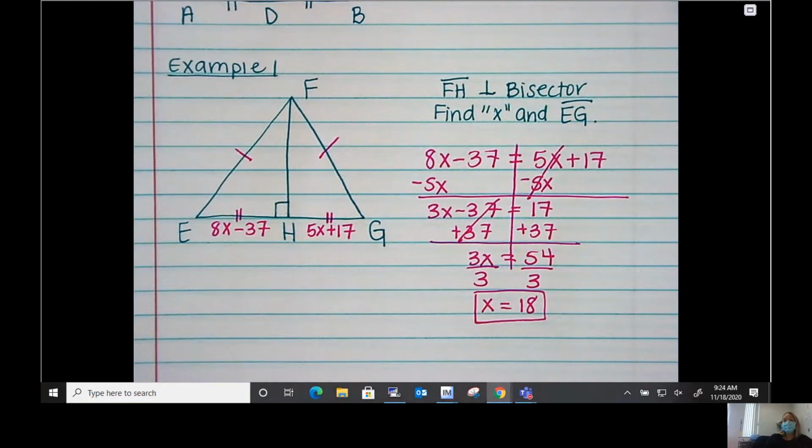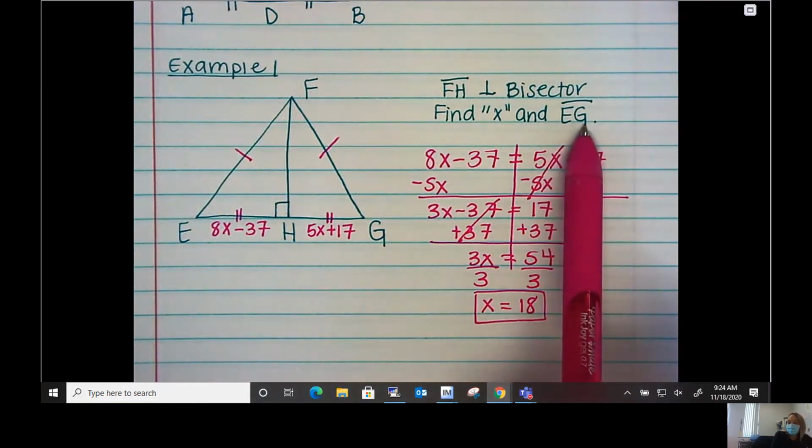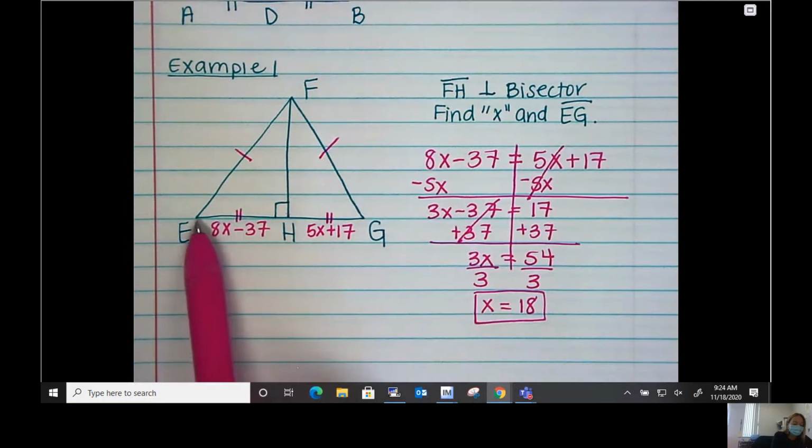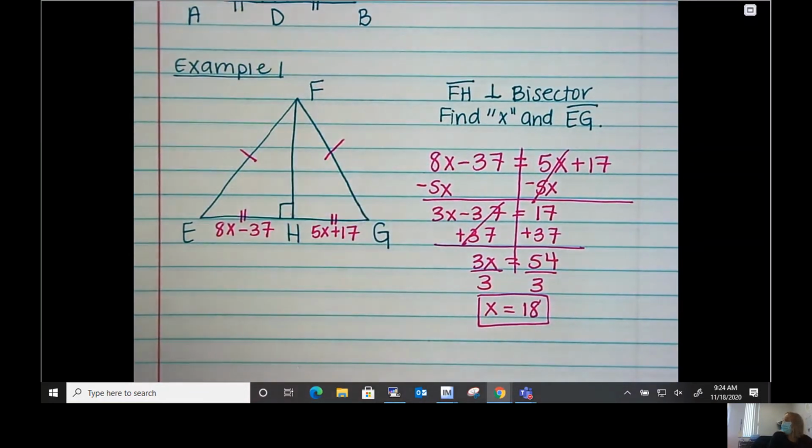Second part of the problem says find EG. Now, here's EG from here all the way down over to here. What do I have to do? What do you think? How am I going to solve for that whole length?